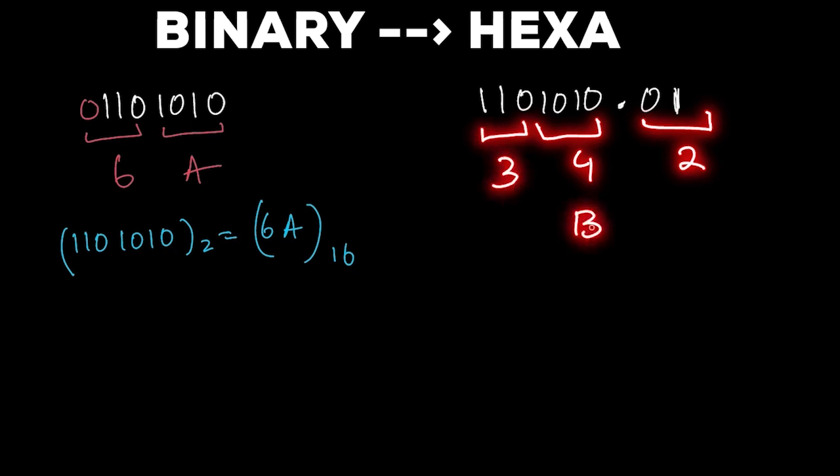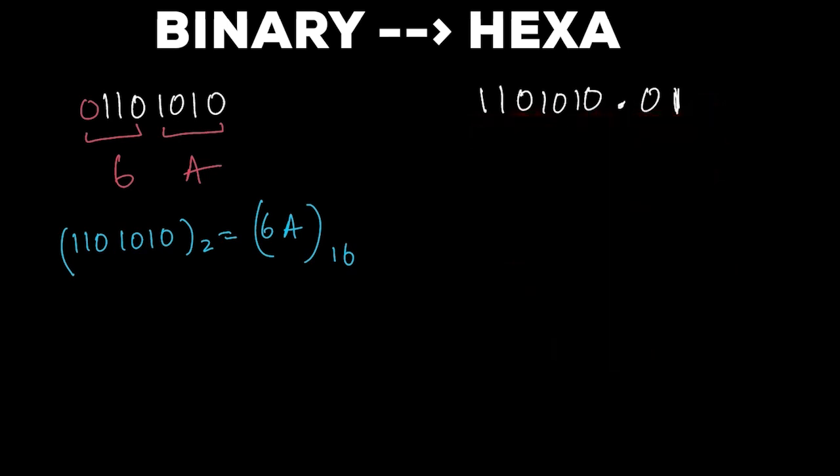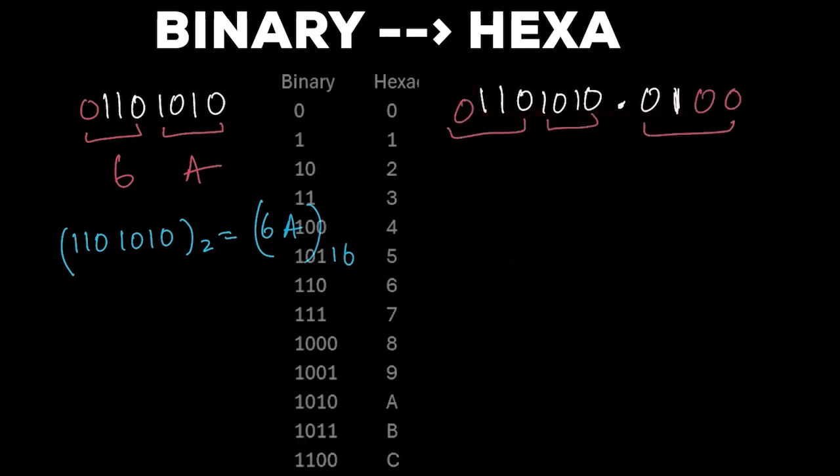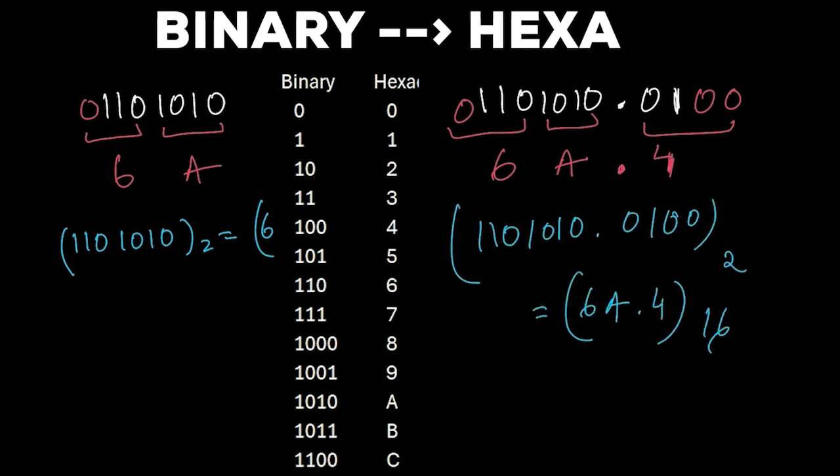So remember, when there's a decimal question and the number after the decimal point is lacking any digits to become a 4-bit number, we will add zeros to the right side of it, and before the decimal point we will add zeros to the left side of it. Now after adding zeros, we have 3 chunks of 4-bit numbers, and we will find the hexadecimal equivalent of them, which is 6A.4. 1010 is A in hexadecimal terms.